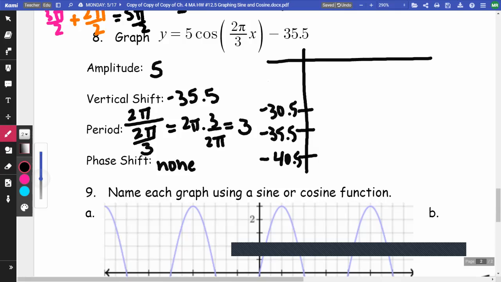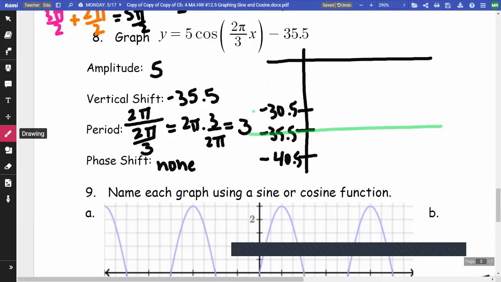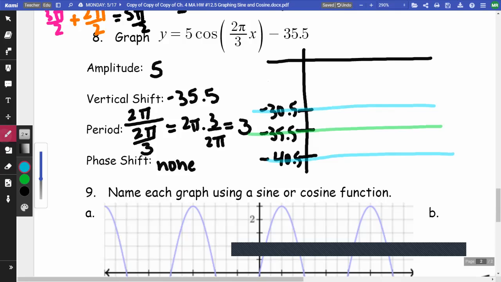So let me draw in my vertical shift, my high and low, and then I'm going to scale this. We're starting at 0 because we don't have a shift, and I'm going to do 1, 2, 3, 4, 5, and that's going to be 3 because my period is 3.